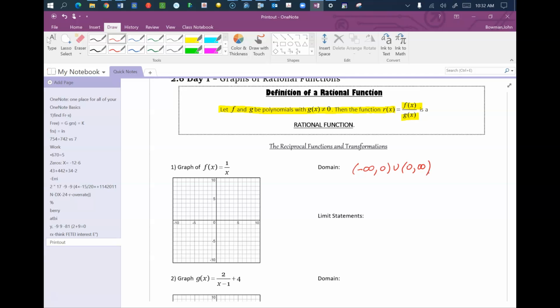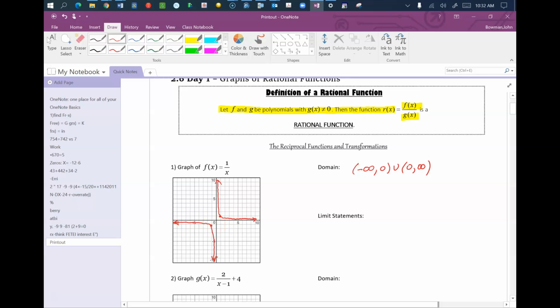Now, you may or may not know what this function looks like. But I'm going to graph this real quick for you, and the graph looks like this, and you can see we've got all kinds of asymptotes there. We've got a horizontal asymptote of y equals 0.